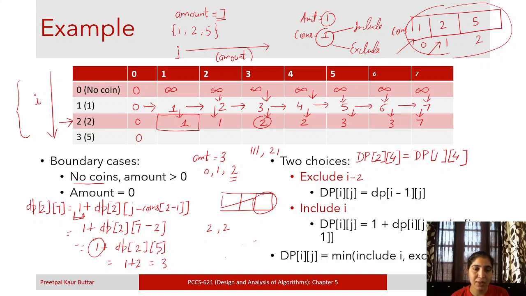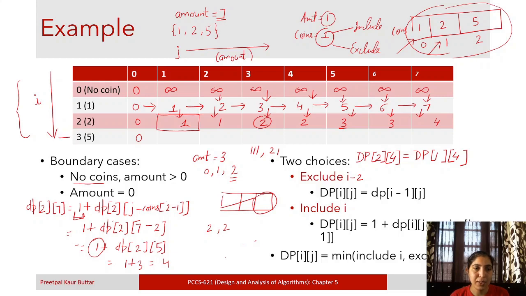And for solving the problem of amount equal to 5, we will need 3 coins. So the total number of coins you need are 4. And out of 7 and 4, 4 is minimum, right? So this was using the 2 rupee coins.